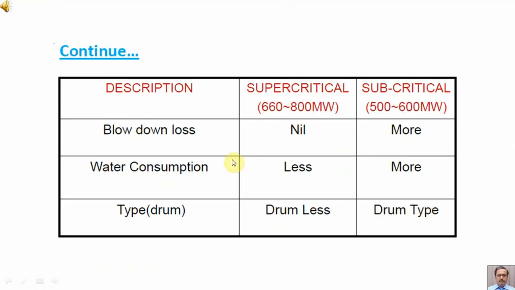Continuation of the same table. The main point to be noted is that in case of supercritical, the boiler is drumless, and in the case of subcritical, it is a drum type of boiler.